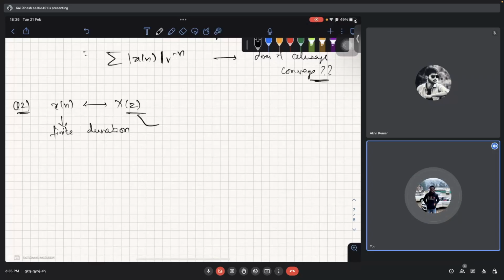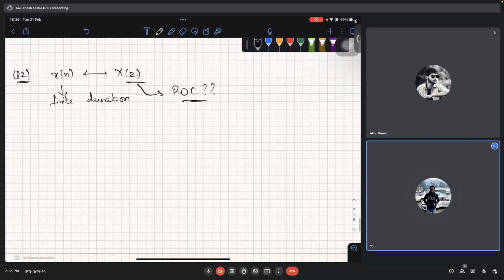So what is the ROC of this? This is the question. What is x of z? Again, let's just write the formula. X of z is equal to the sum from minus infinity to infinity of x of n z power minus n.